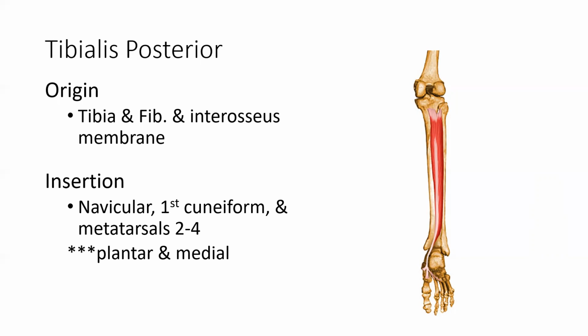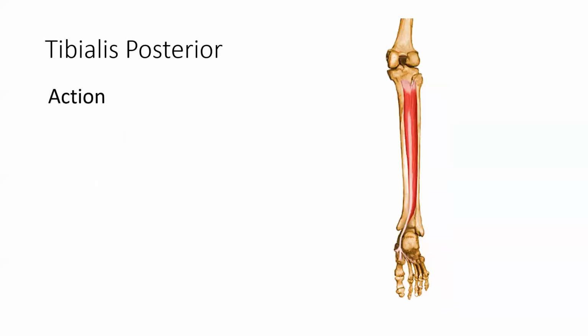So it runs on the medial aspect of the arch of the foot to attach onto the tarsals and the metatarsals. And the action here for tibialis posterior is 1, plantar flexion, and 2, inversion, because it does have a posterior crossing and a medial crossing over the tibiotalar and the subtalar joints.